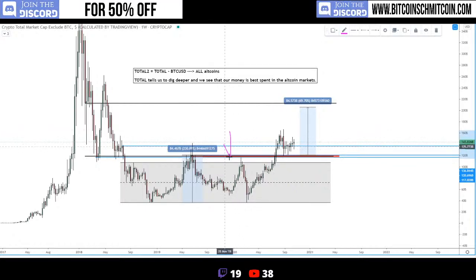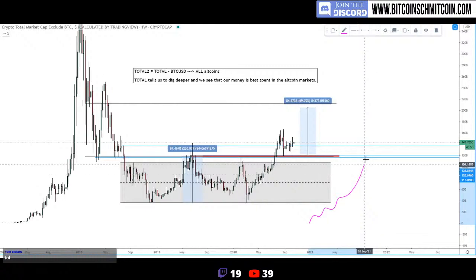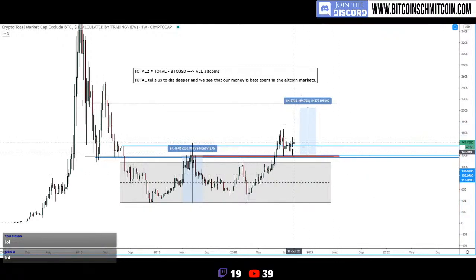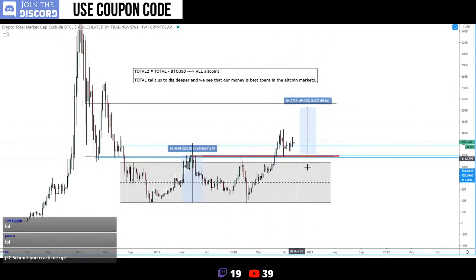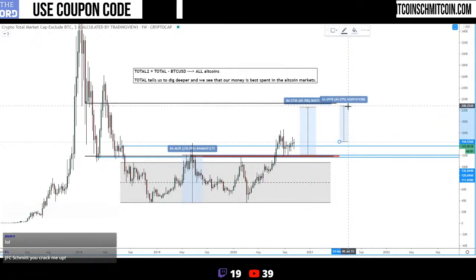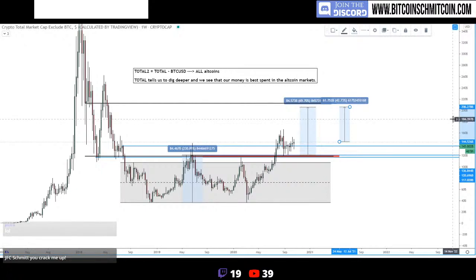We see a clean retest right here, a nice bounce, and keep in mind these are weekly candles, so this is just a slow-moving train that's going to accelerate over time. The upside growth is off the neckline. This is the conservative option, mind you, but the upside is another 70% growth from the neckline retest, or from current price, 40, you could say 50%, because here's the actual resistance.